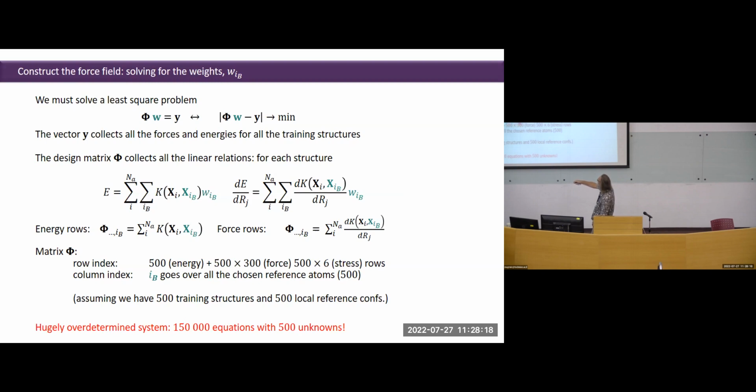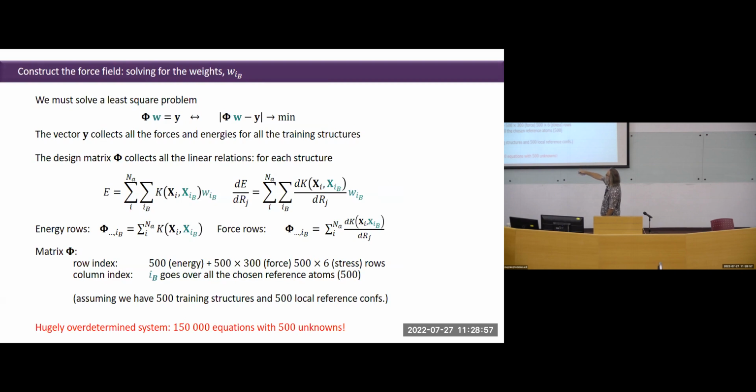If we have 100 atoms, then with 3 components per force, we have these 150,000 rows associated with the forces, and we have 3,000 rows associated with the stresses. And the columns in this design matrix go over all chosen reference atoms. So let's assume that this is 500. Then we have a design matrix that is something like 150,000 by 500.